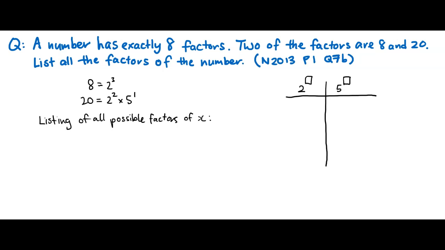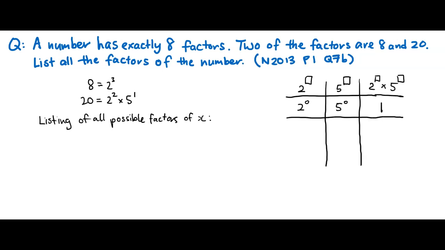So what I'm going to start off from is 2 to the power 0 and 5 to the power 0. If I multiply these two, I'm going to create another column: 2 to the power of something times 5 to the power of something. This 2 to the power 0 multiplied by 5 to the power 0 is just 1.